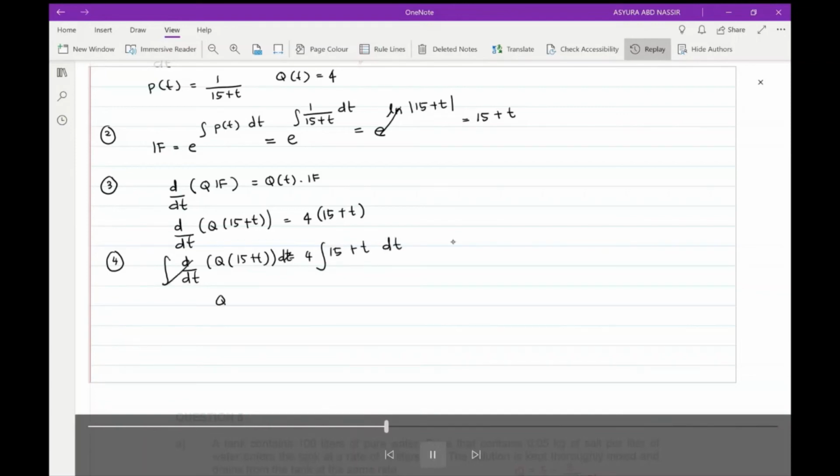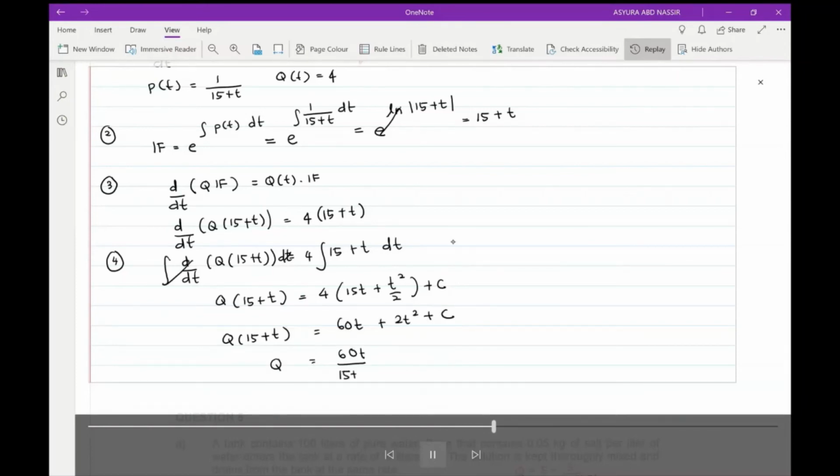Then simplify: Q times 15 plus t equals 4 times the integral, which is 15t plus t squared over 2, don't forget plus C. Lastly, simplify and we get Q equals 60t over 15 plus t, plus 2t squared plus 50 over 15 plus t. Don't forget plus C over 15 plus t.